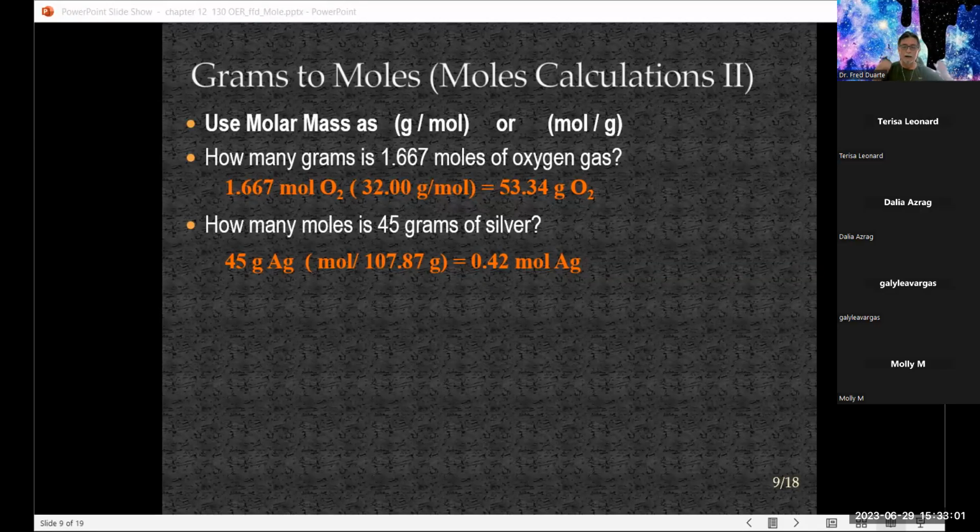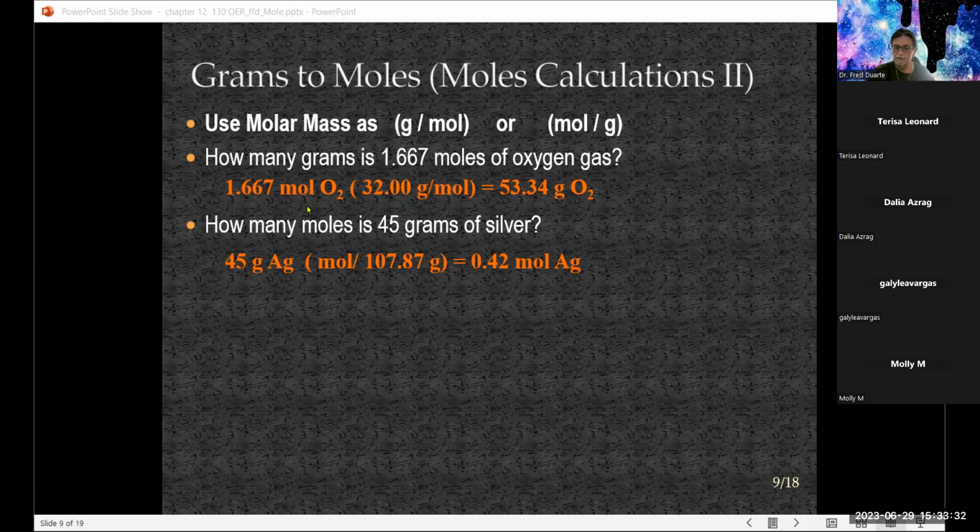Okay, I am back. All right, for these types of calculations, this is going to be important when we get to chemical calculations. This is just the beginning of it, okay? What we're learning here in the example we just did with silver was to convert grams to moles, okay? The previous one with oxygen, we went from moles to grams.